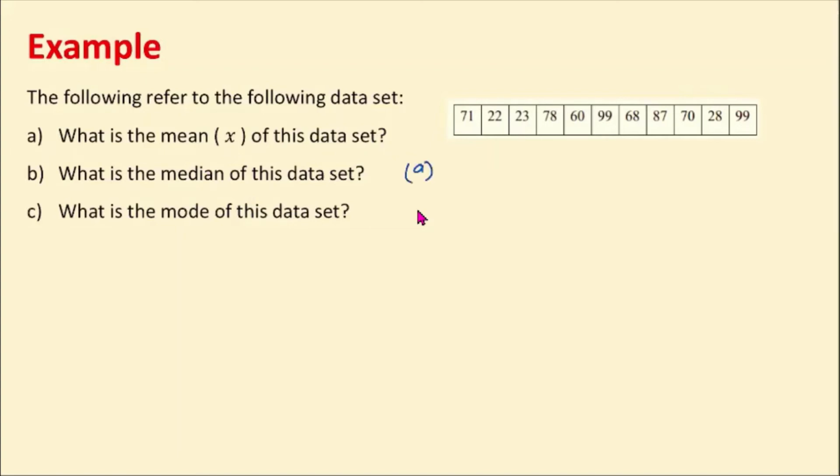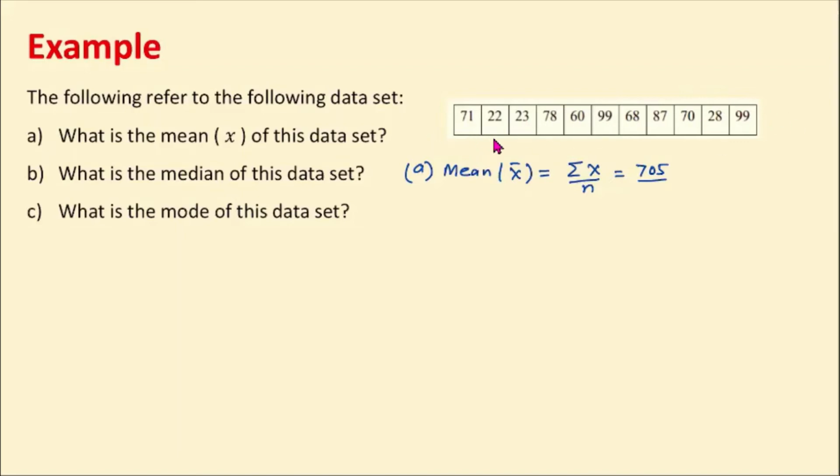Part A is the mean, and we know that the mean X bar for a sample is sum of X divided by N. That is, we need to add all the numbers, 71 plus 22 plus 23 plus 78 plus 60 plus 99 plus 68 plus 87 plus 70 plus 28 plus 99, which is 705, divided by N. N is the number of data values.